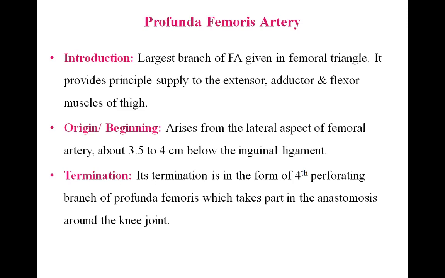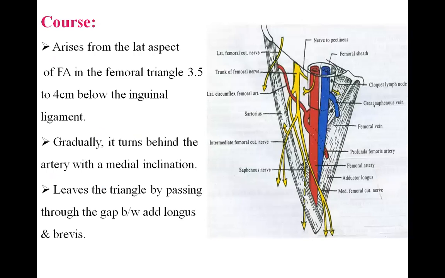It terminates in the form of fourth perforating branch of the profunda femoris, which takes part in the anastomosis around the knee joint, that is the genicular anastomosis.